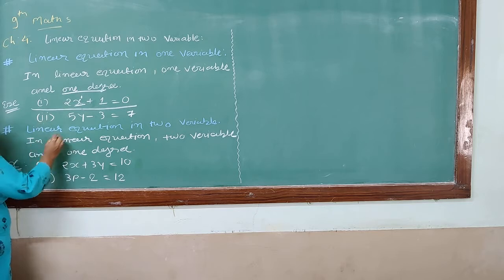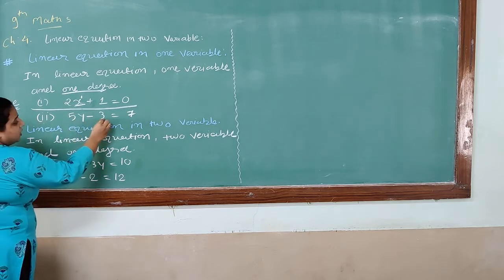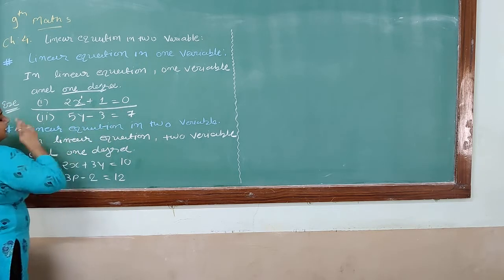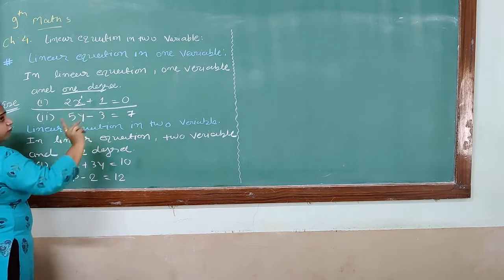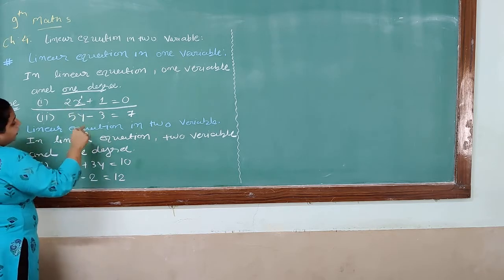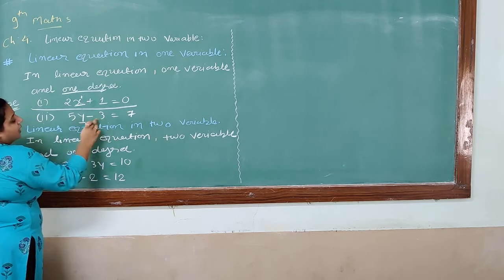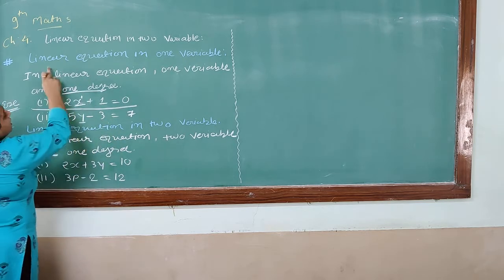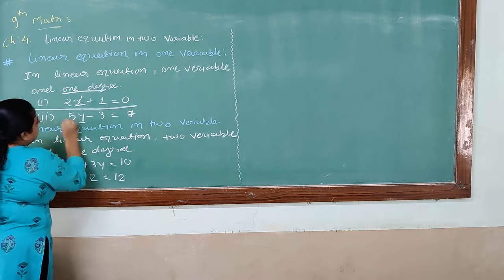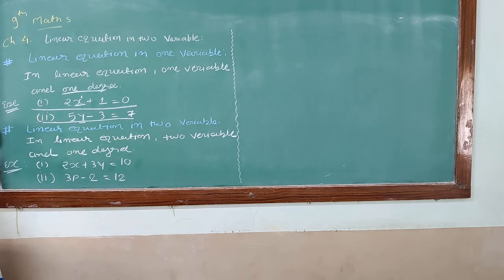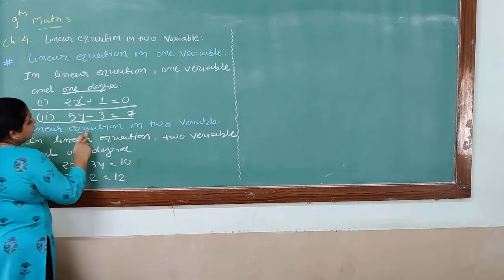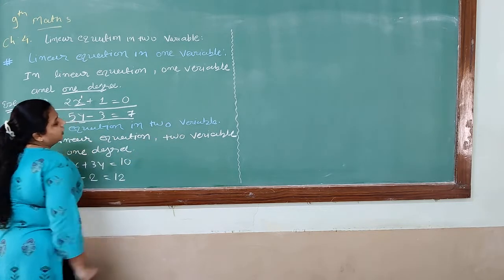Similarly, second, y minus 3 equals to 7. Same thing, there is no more degree. Only one variable, that is y, and according to the condition, it is a second linear equation in one variable.